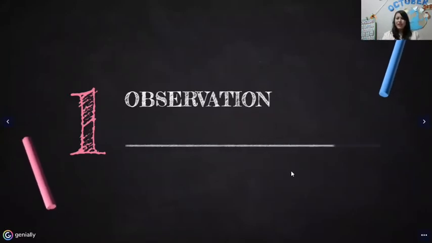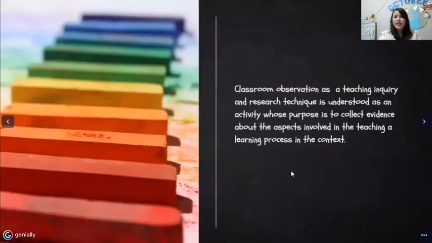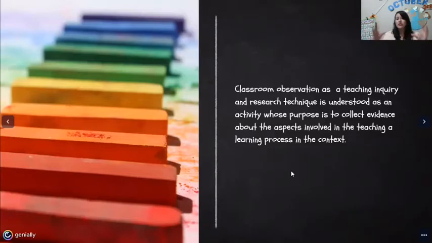But first of this topic, you have to define what is observation. Classroom observation is a teaching, acquired, and research technique, understood as an activity whose most important purpose is to collect evidence about the aspects involved in the teaching and learning process in context.